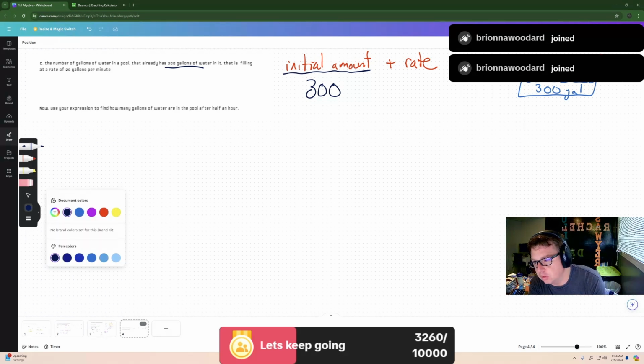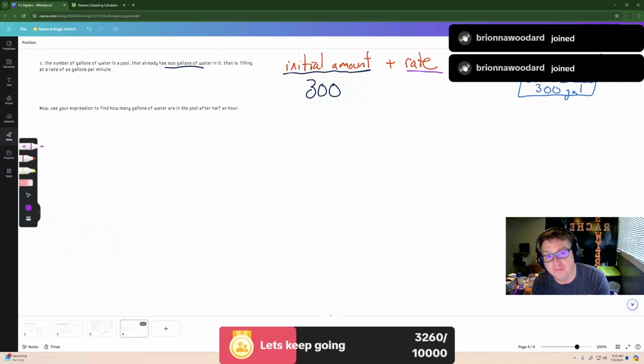So that initial amount does not change. There's no variable next to it. Now, a rate definitely needs a variable. So a rate should have a variable attached to it.